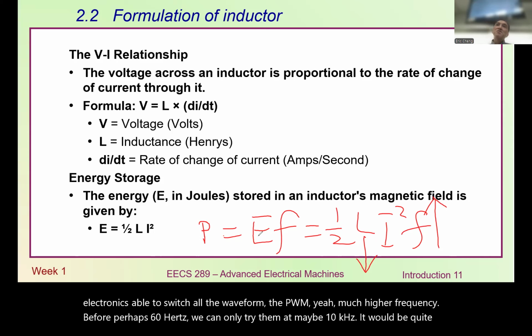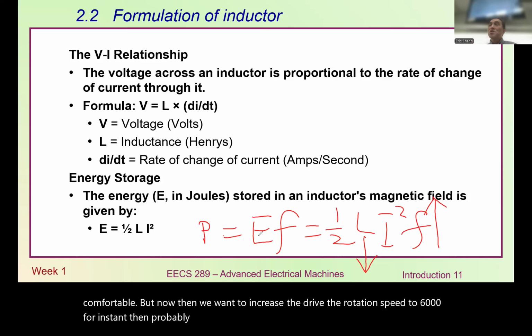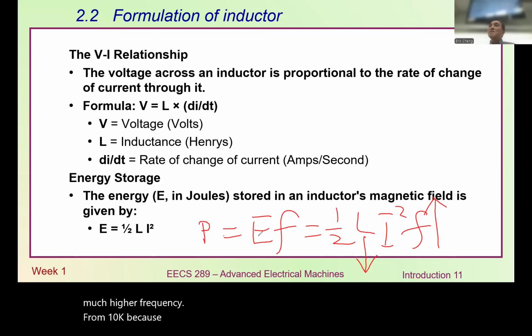But now we want to increase the rotational speed to 6,000, for instance. Then probably our PWM waveform, the driving electronics, need to be at much higher frequency. From 10K to 100K. And then it comes to the computer chips to control that waveform, how to generate that control method.